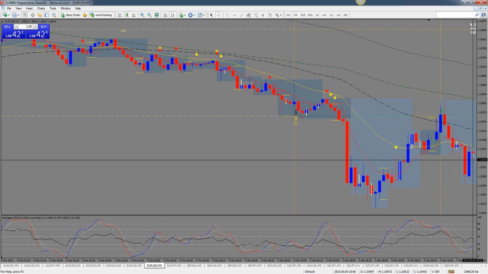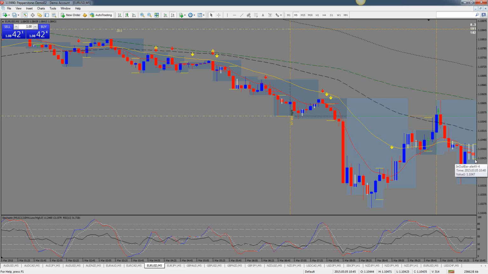My stop would probably be 10 pips away, but my stochastics is still coming up from the bottom. And my RSI, so everything is not in order here. So I wouldn't take this trade. The most important reason not to take it is that it didn't break yet.